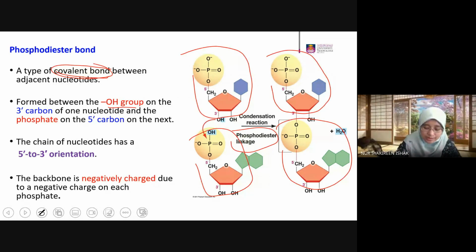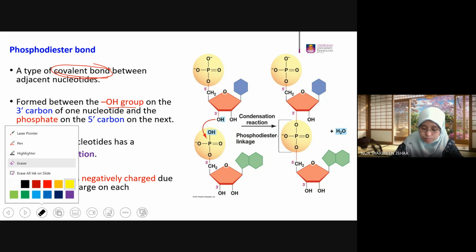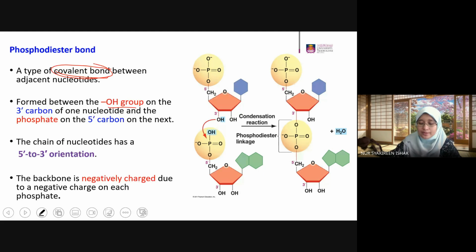For this one, you have to look carefully. Wait, highlighter. Again, you have to know how to number the carbons of the sugar. Then only can you know how the nucleotides are attached. Okay, let's use blue.